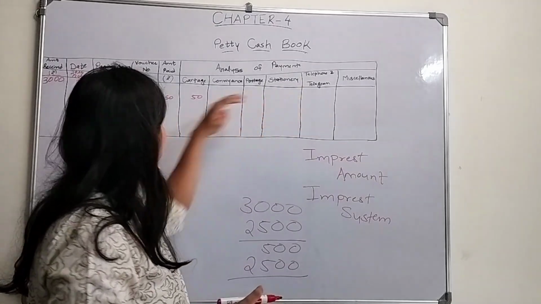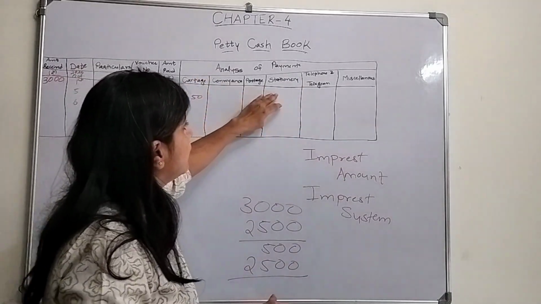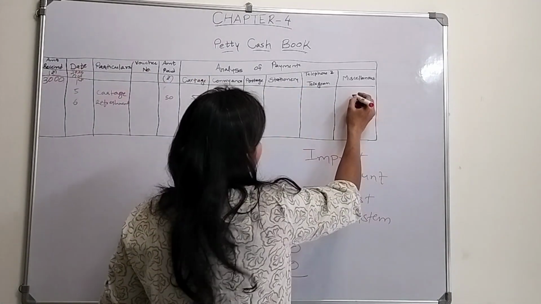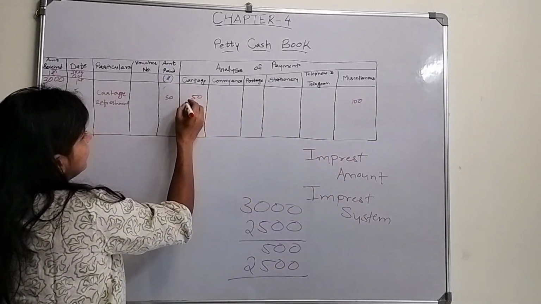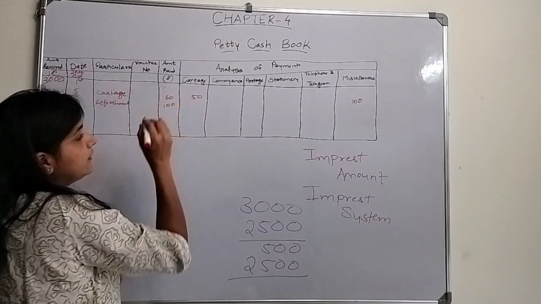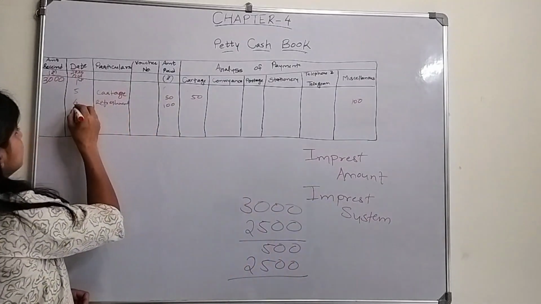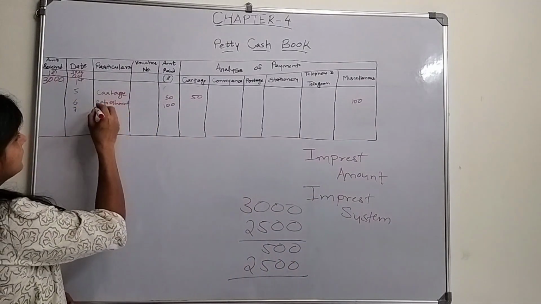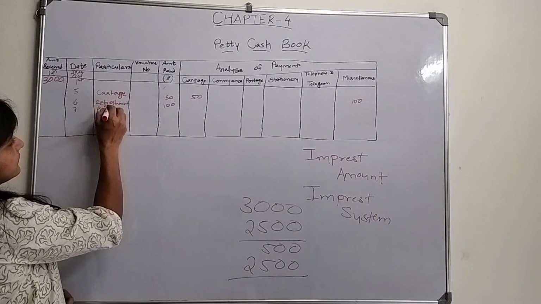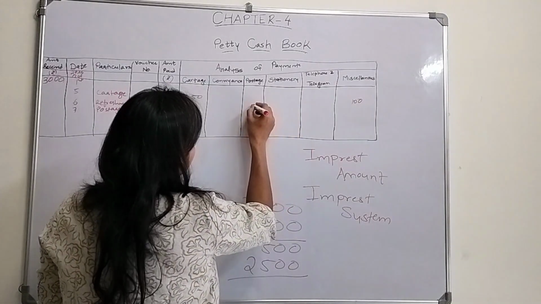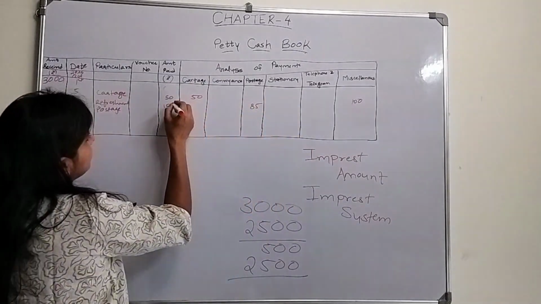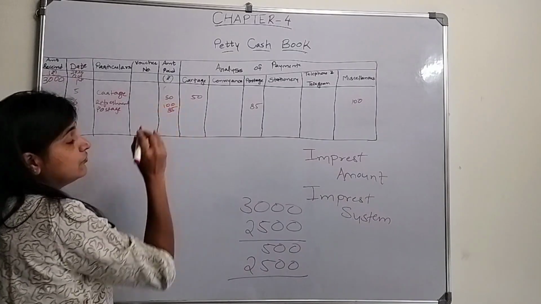There is no particular column for refreshment, so it will come under miscellaneous, let's say 100 rupees. Here they will write amount paid 100 rupees. Then on the 7th, there is a postage expense. They delivered something for 85 rupees, so they write it over here, 85.